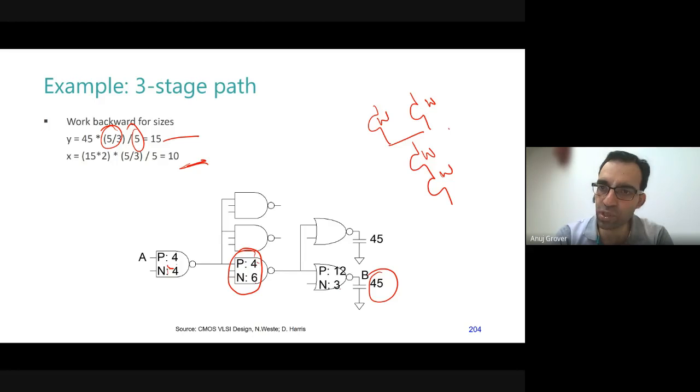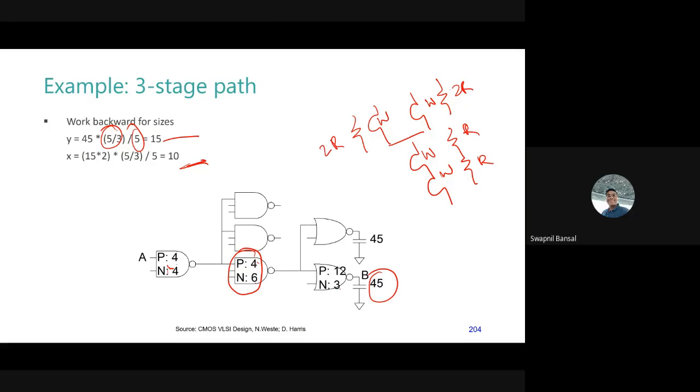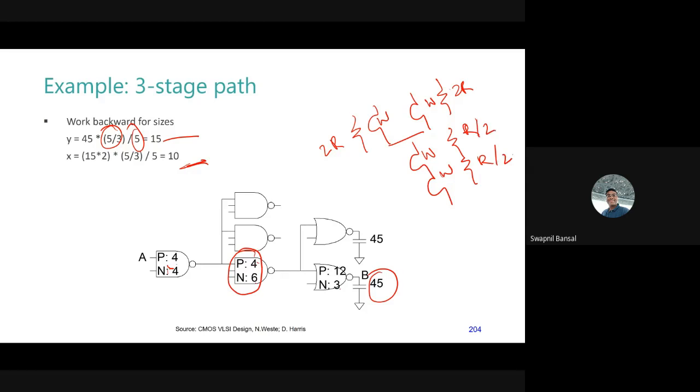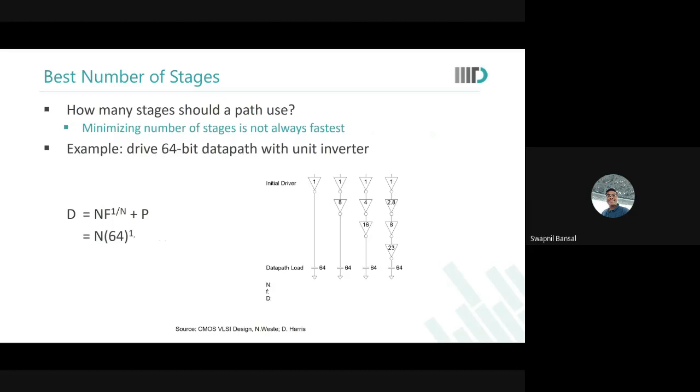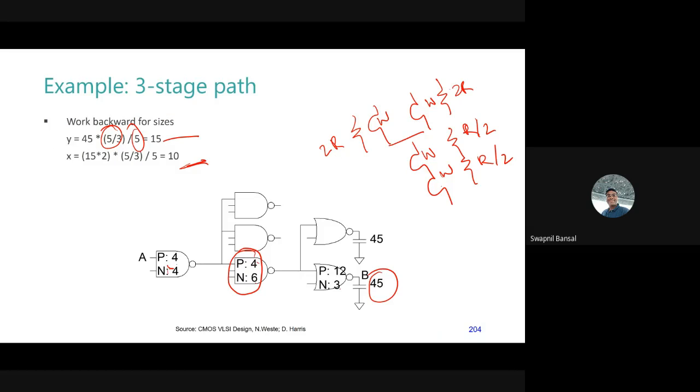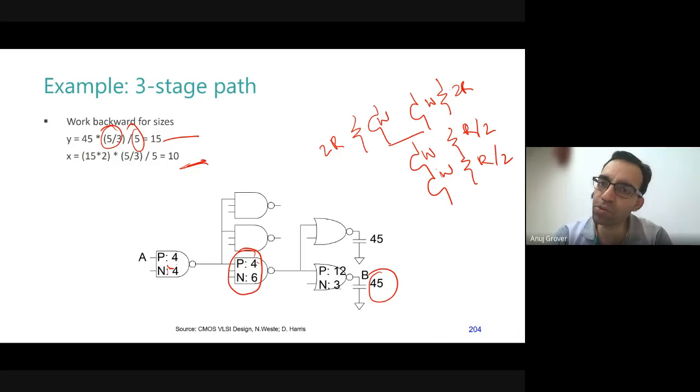Because there are two resistances in series here, and two resistances in parallel there, but this is R, and this is 2R, and this is 2R. Sir, the NMOS has to be doubled because R by 2 is needed, right? Yes, to make the NMOS R/2, you have to double its width.